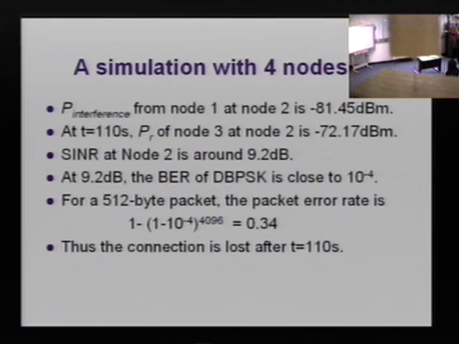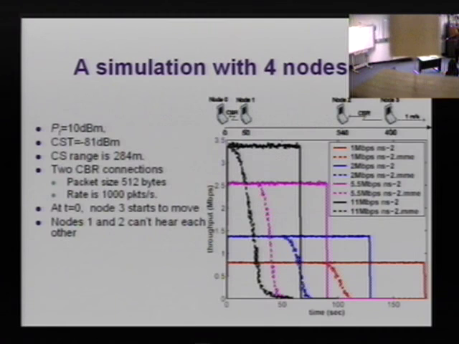So this corresponds to 9.2 dB of SINR. When you look at the bit error rate of DBPSK, you get 10 to the minus 4. And assuming 512 byte packets, the packet error rate is 0.3, which is very high. So the connection is lost here. The same explanation holds for the other data rates as well.